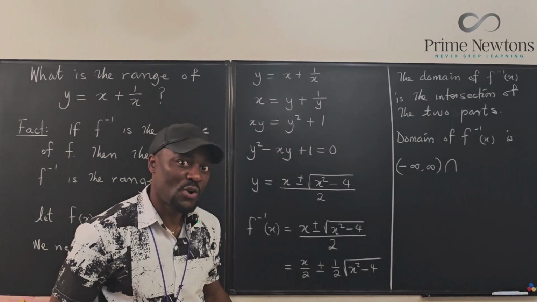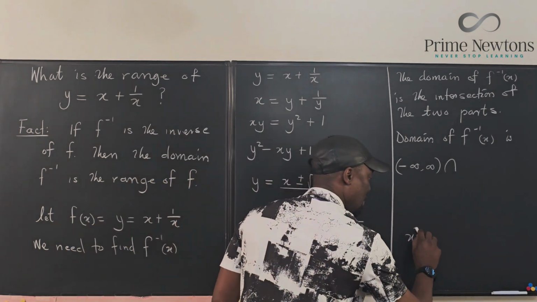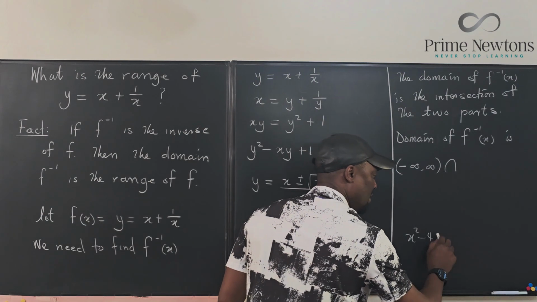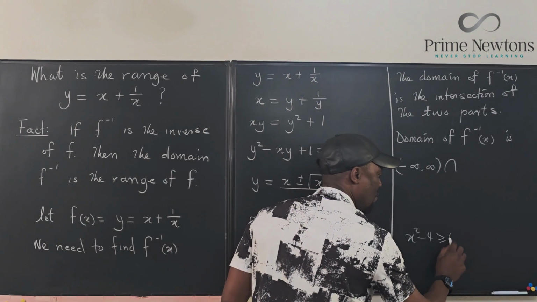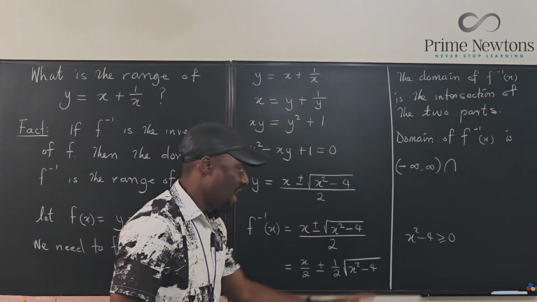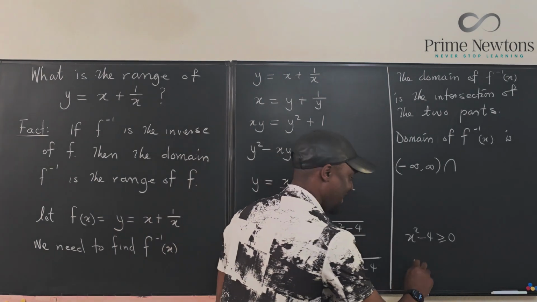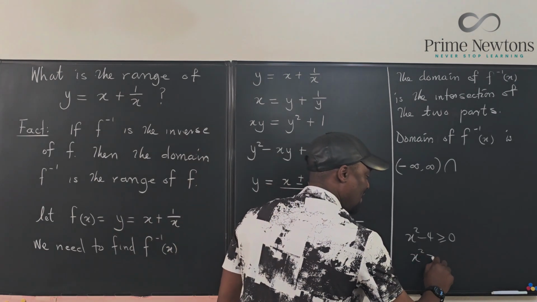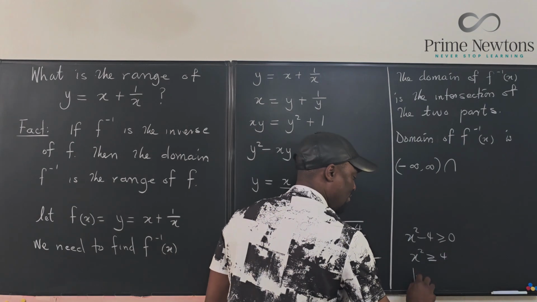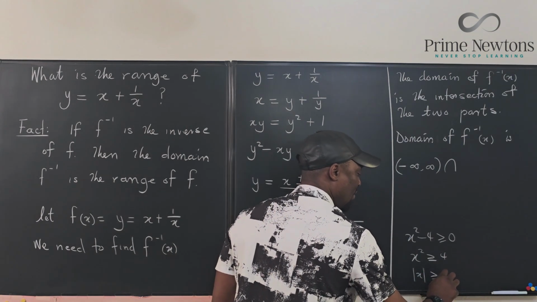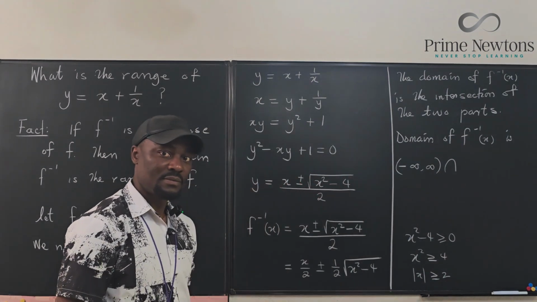So you just quickly solve this inequality. x squared minus 4 must be greater than or equal to 0. That means x squared is greater than or equal to 4. The absolute value of x must be greater than or equal to 2.